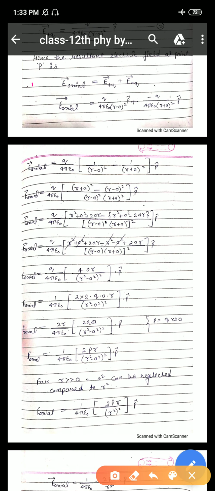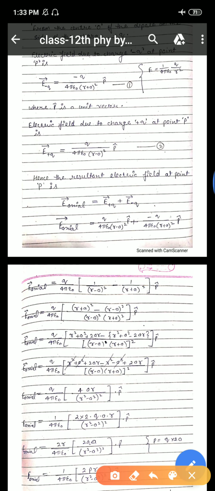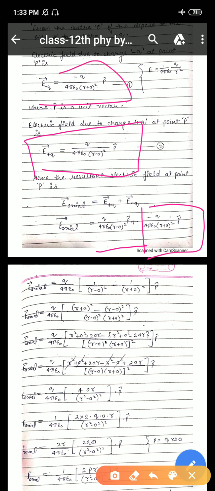So we can write E axial, meaning the electric field at an axial point, as the electric field of plus q plus the electric field of minus q. Here this one is the value of the electric field due to plus q, and this one is the value of the electric field due to minus q.